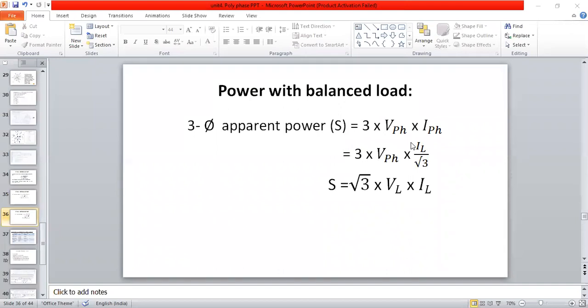Next, roll number 39. Yes sir. In a delta connection, can you tell me the line voltage formula?